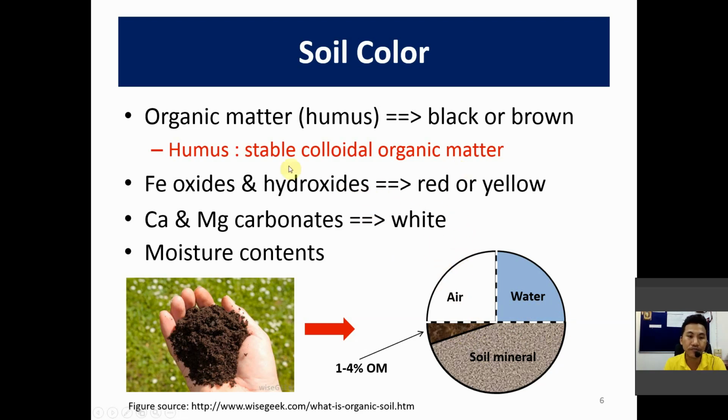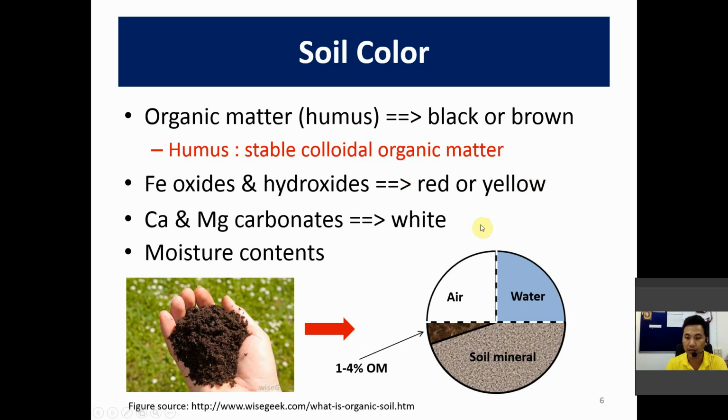that reveal the soil color that we can observe in the field. For instance, organic matter, basically the humus, is a very important part that brings the soil color to black or brownish. But you have to keep in mind that humus is a stable colloidal organic matter, so it won't decompose any further. And iron oxides and hydroxides of iron, of course, give you the red or yellow color.